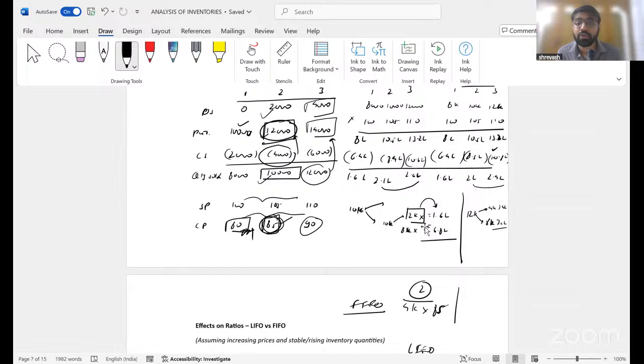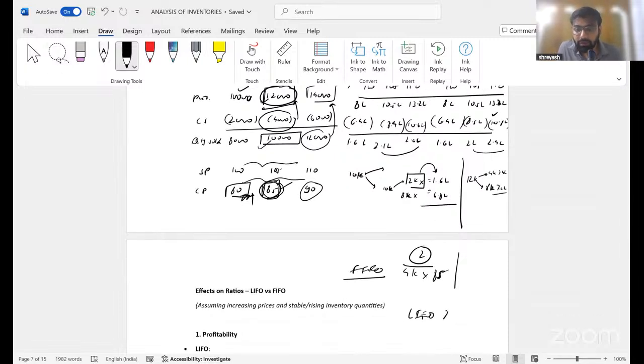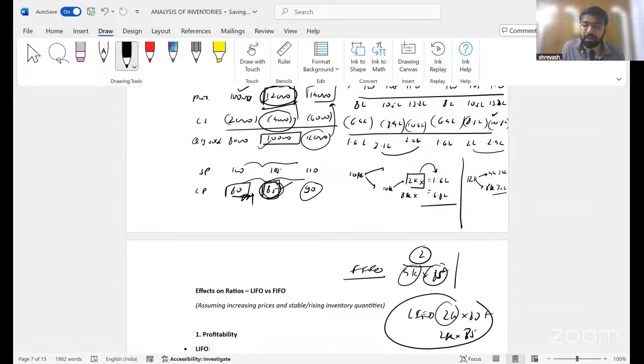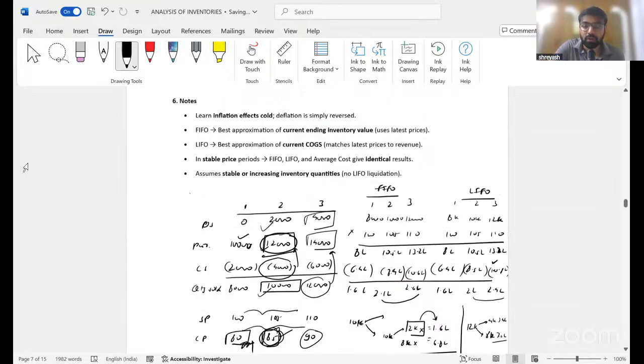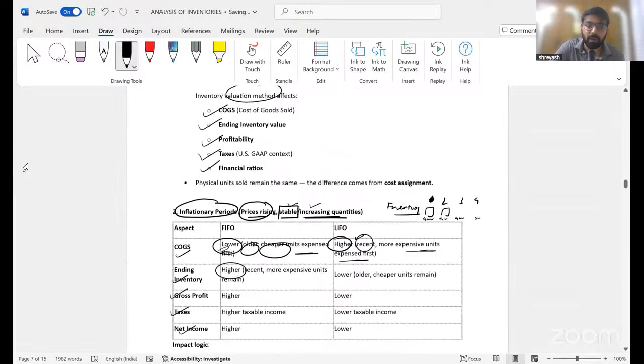So 2,000 into 80 plus 2,000 into 85 will be the value of the inventory. Ultimately, this will be lower than the FIFO value, because for FIFO your entire 4K is multiplied by 85, while for LIFO 2K is multiplied by 80 and 2K by 85. And that's how the whole thing would function in terms of inventory.